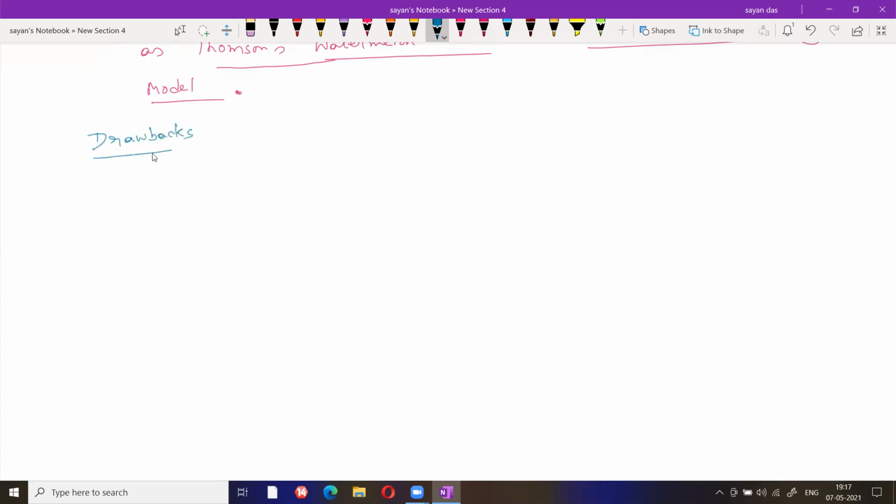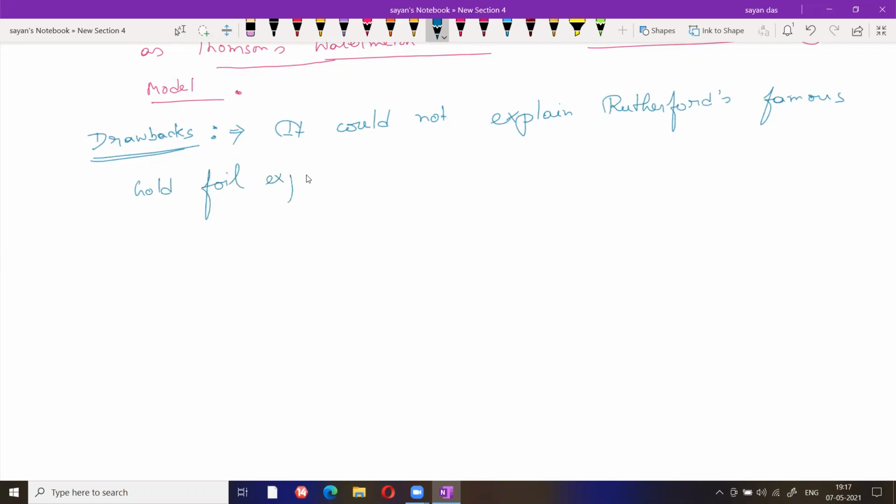It could not explain the very famous Rutherford alpha scattering experiment, the gold foil experiment.